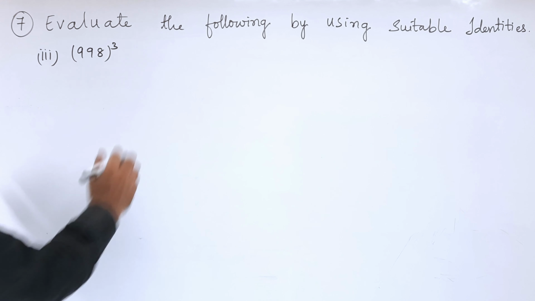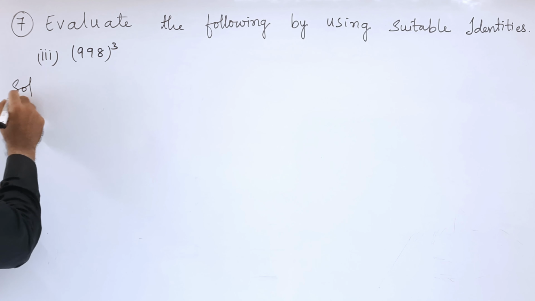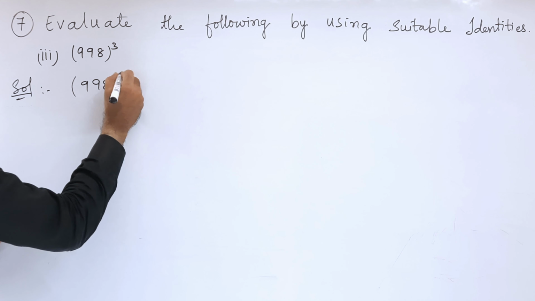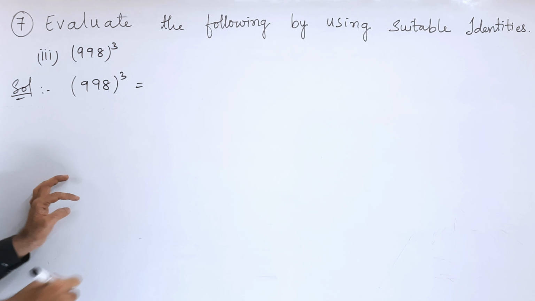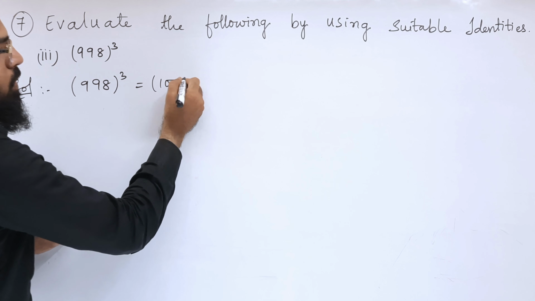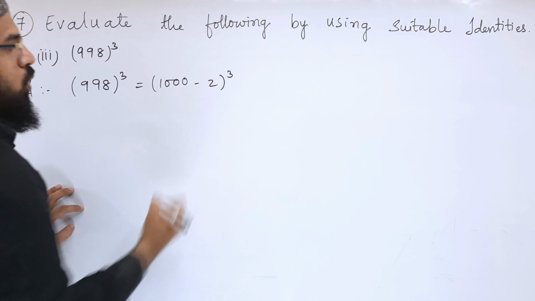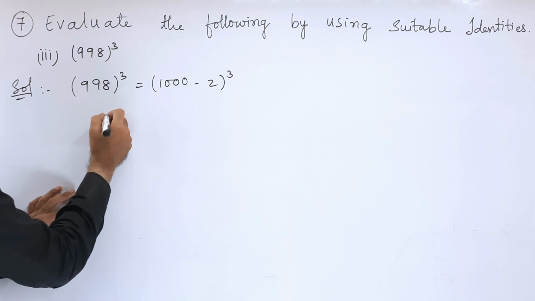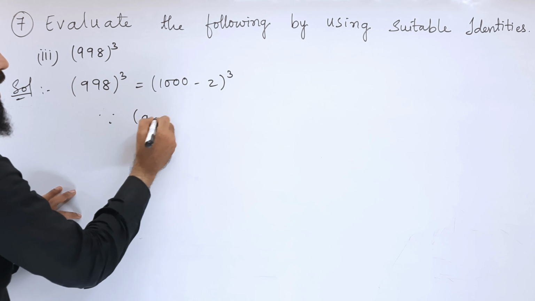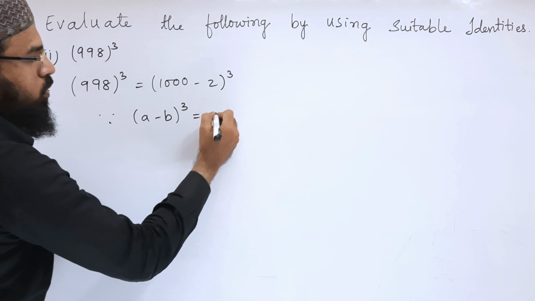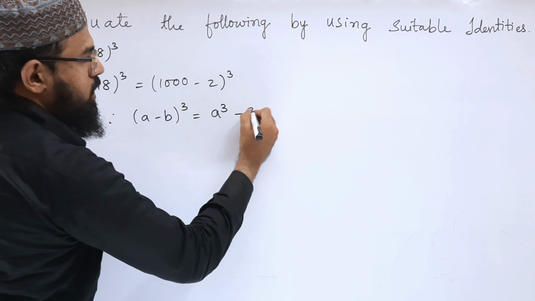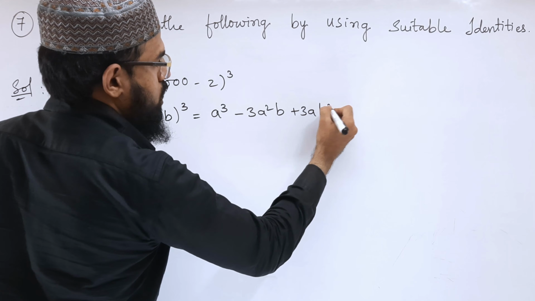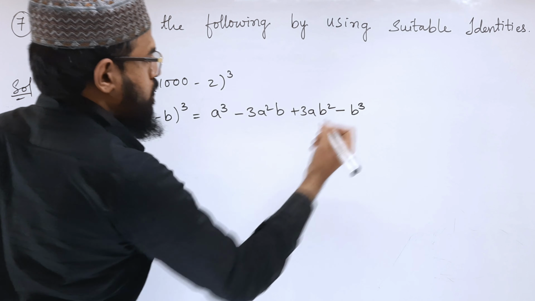Third one, 998 whole cube. So in the solution, let us write 998 whole cube. This can be written as (1000 minus 2) whole cube. So it is in the formula (a minus b) whole cube. Let us write (a minus b) whole cube is equal to a cube minus 3a square b plus 3ab square minus b cube.